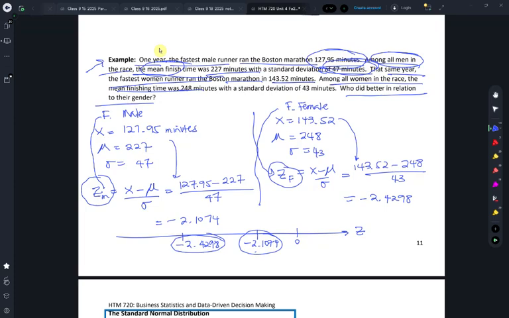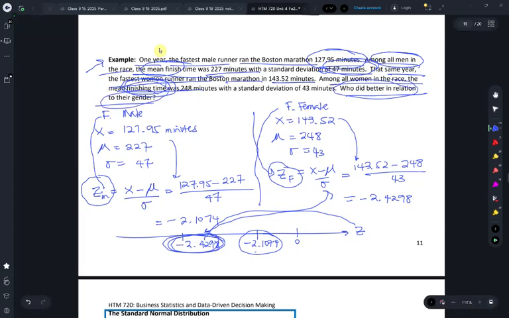Is it desirable to have a higher number or a smaller number? We would prefer that the finishing time is shorter. So what is preferred is the smaller run time, and that pertains to the fastest female runner. So in relation to gender, the fastest female runner did better.